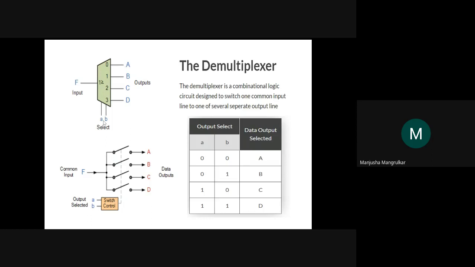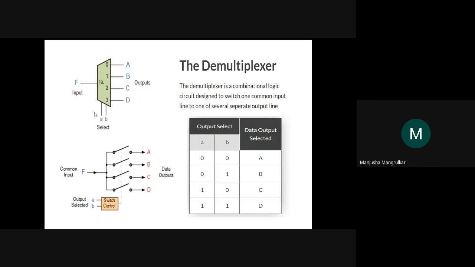If this selector is 0 1, whatever data of F will transfer to the B line. If it is 1 0, whatever data of F, either 0 or 1, will transfer on C. If the selector lines are 1 1, which line will the data of F be on? It depends upon the selector.